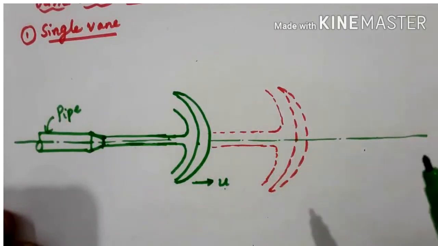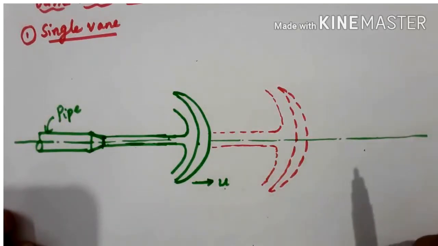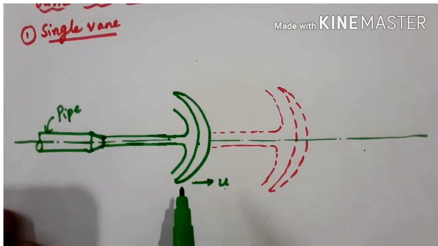Example, the motion of a train with respect to the platform, which is stationary, is called an absolute motion. The train is moving with respect to the platform, which is a fixed entity.